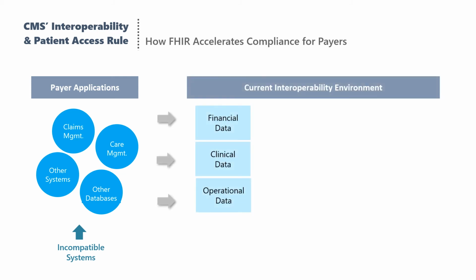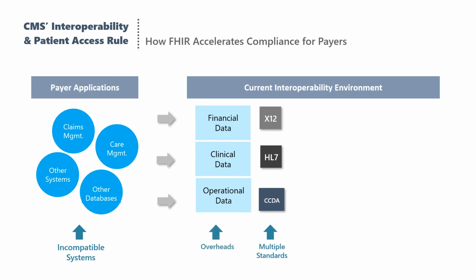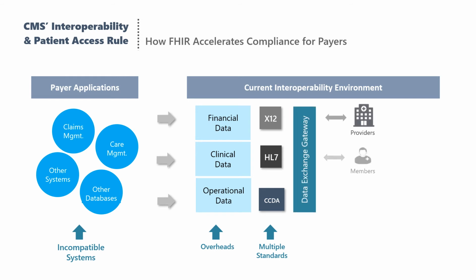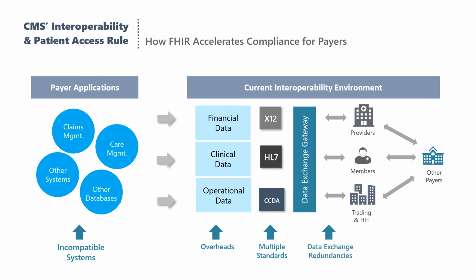They tend to use multiple standards like X12, HL7, CCDA, or custom formats, which adds to administrative overheads. The absence of a uniform standard means that payers end up with massive redundancies while sharing data with other payers. This leads to challenges in care coordination. The CMS IPA rule recommends FHIR to be the single standard for all data exchanged between payers and other entities.